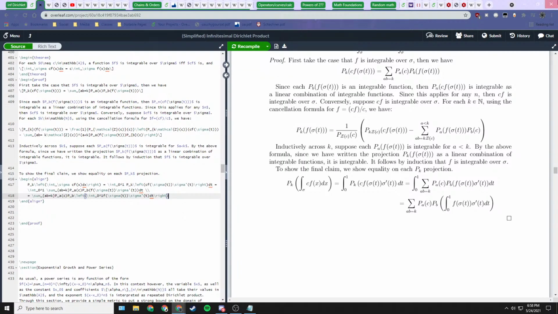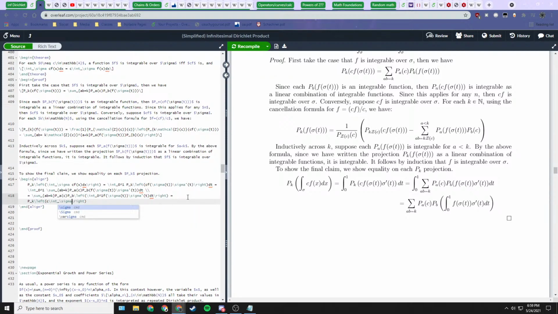We can then pull out this sum and these constants, and we can also pull out this projection of these things. But then we just have the solution here. This is just p sub k of c times this integral on sigma of f of x dx. And actually, let's set it up like that, I think.